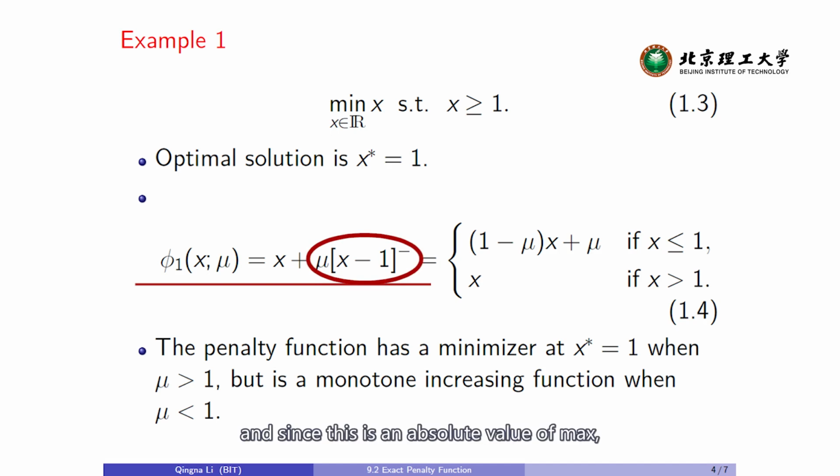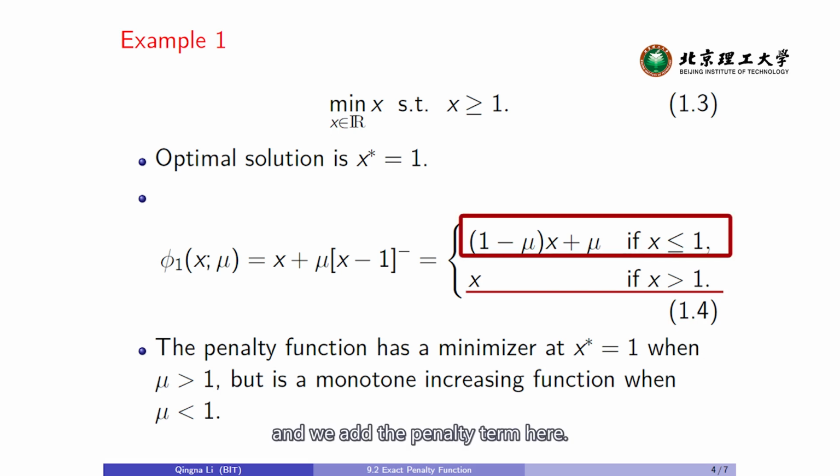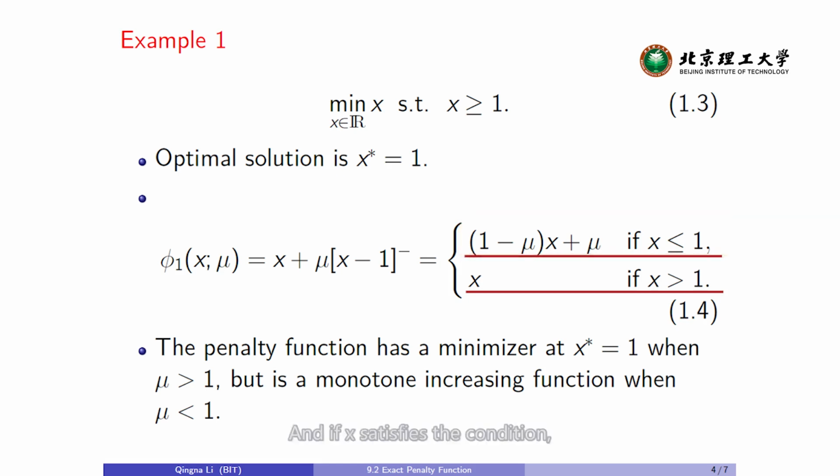Since this is the absolute value of a max, according to different cases, we can write the L1 penalty function in two parts. If x is smaller than or equal to 1, then this is a violation, and we add the penalty term, so the objective becomes a term like this. And if x satisfies the condition, meaning x is greater than or equal to 1, then the function value takes the original one, which is x.